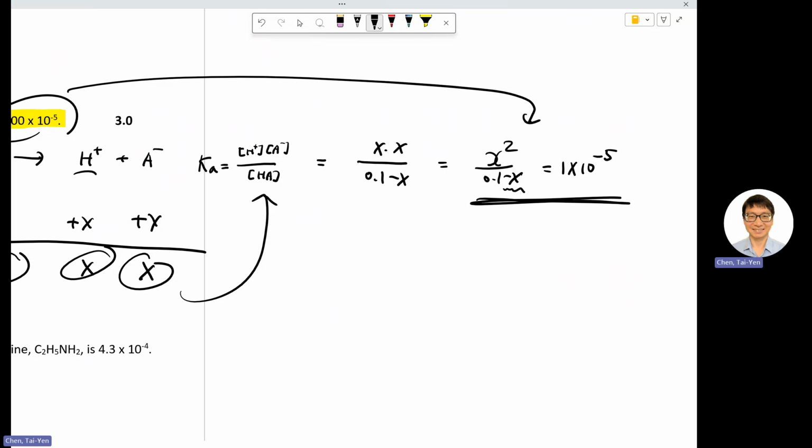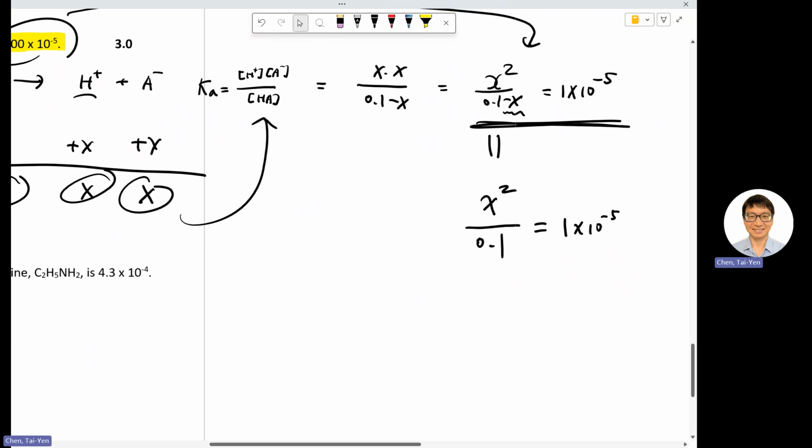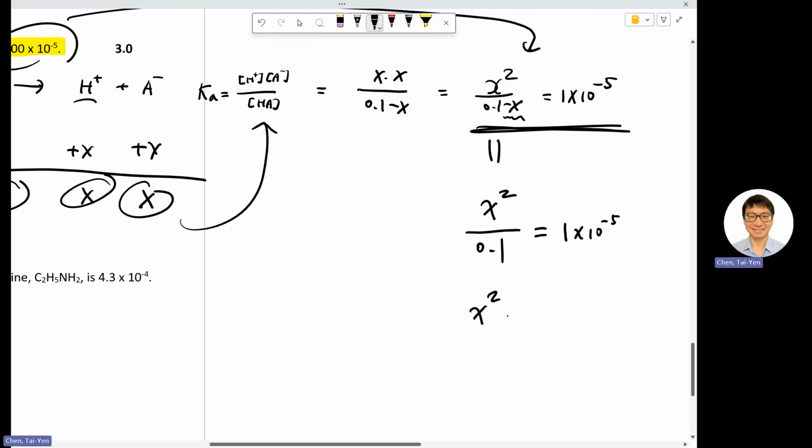Okay, small x. Therefore, these things can be approximated into this. Okay, and this is going to be equal to your Ka, which is 1 times 10 to the negative 5. Therefore, you know the x squared is going to equal 0.1 times 1 times 10 to the negative 5.